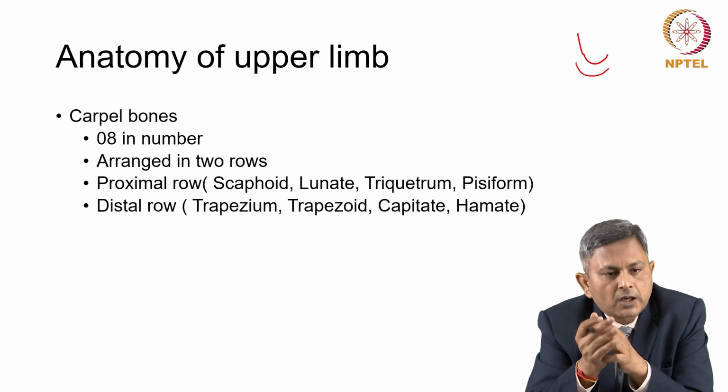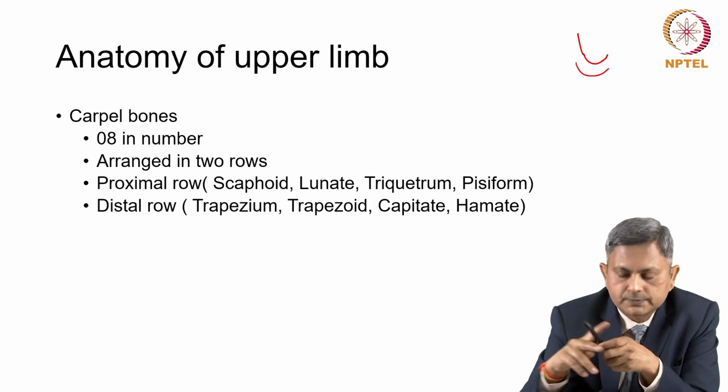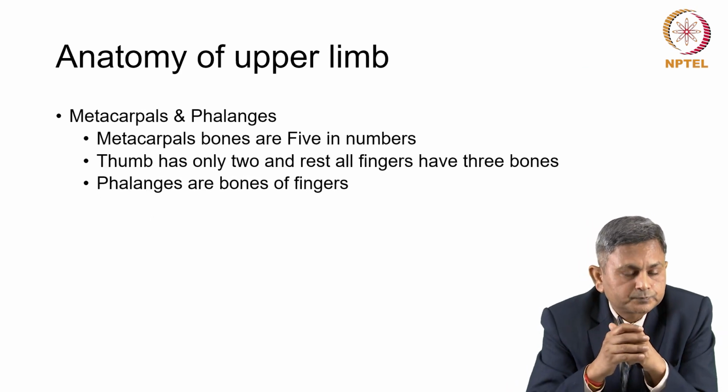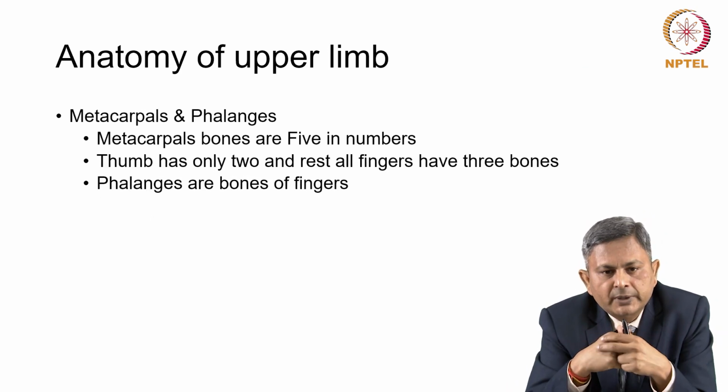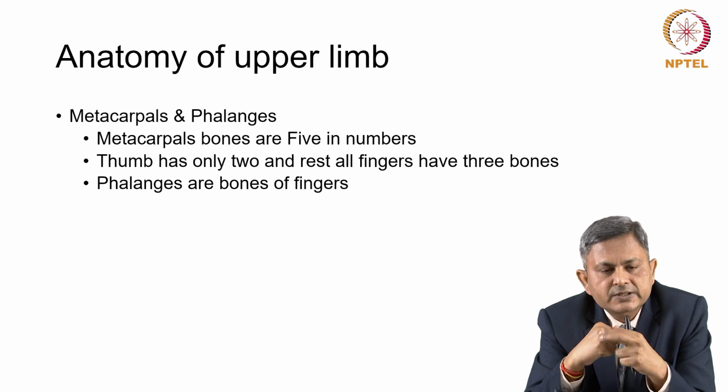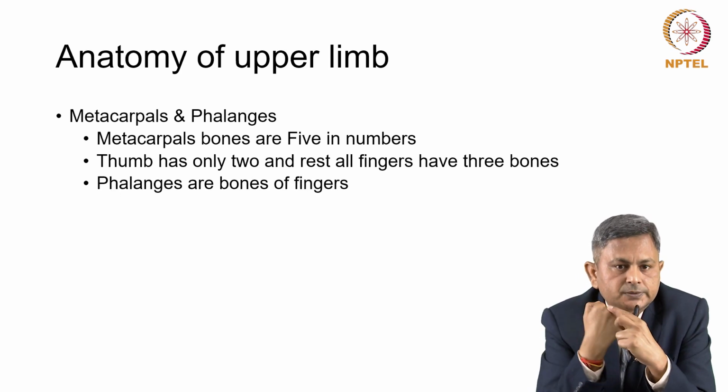Metacarpals are 5 in number, and the heads of the metacarpals make the knuckles of our fist.